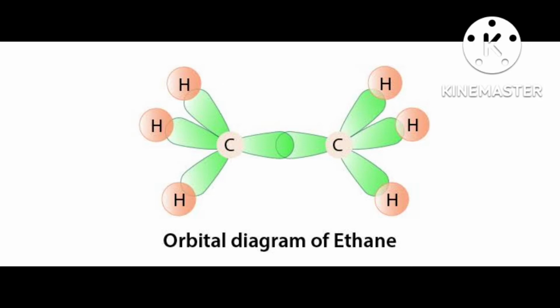In this example, C2H6, here you will see that two carbons will be involved, CH3, CH3.